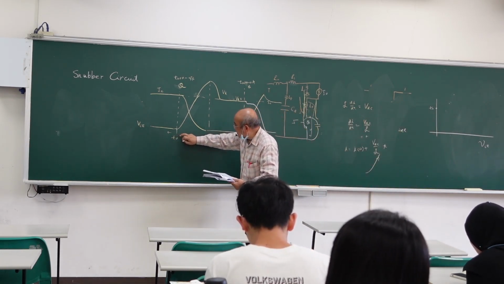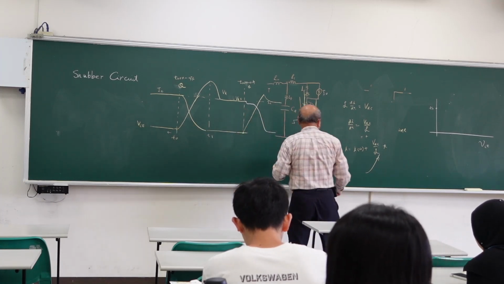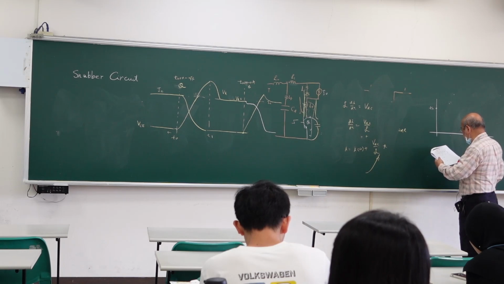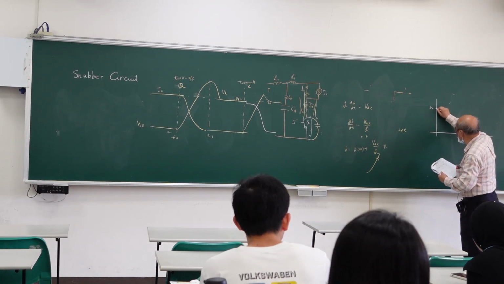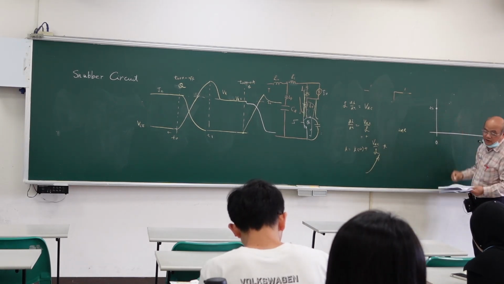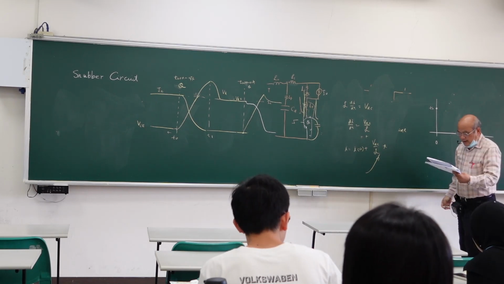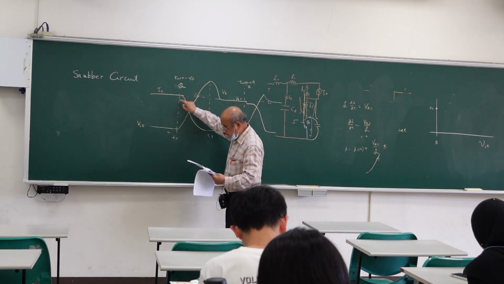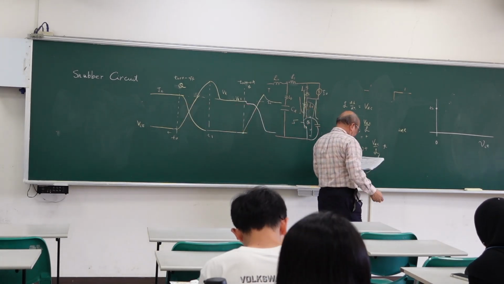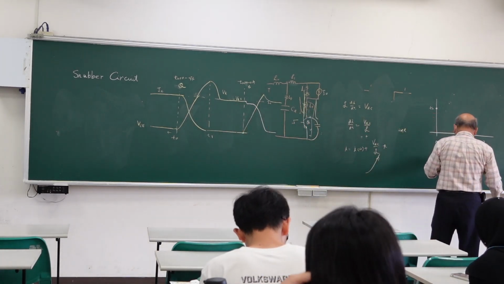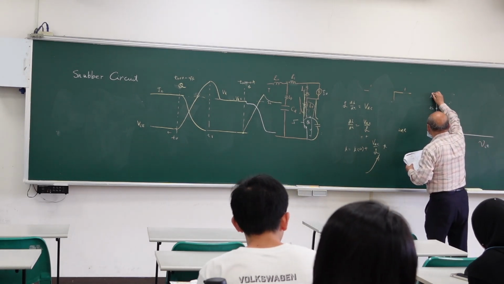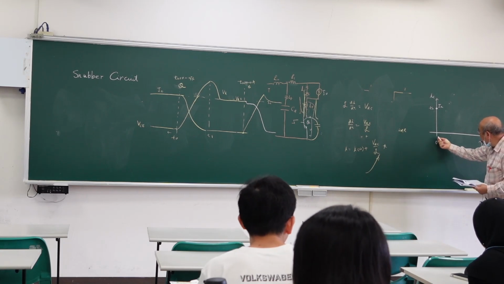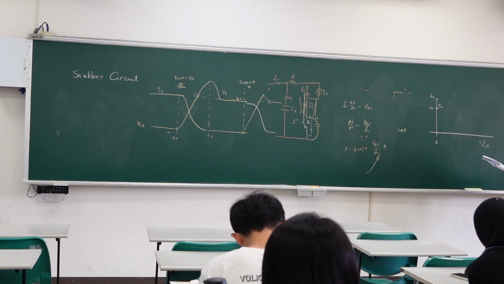So at T0, what is VCE? VCE is 0. This is VCE, right? And how about current? Current is IC. This is IC. So at this point, voltage is 0 and current is IC.